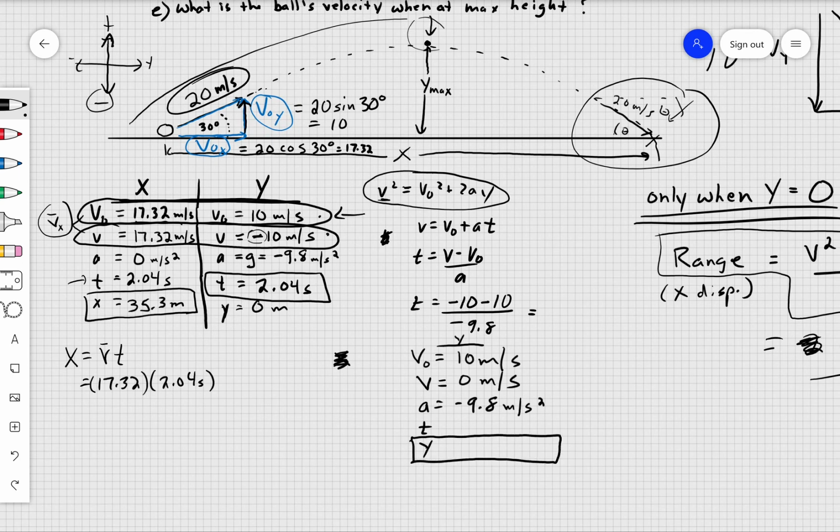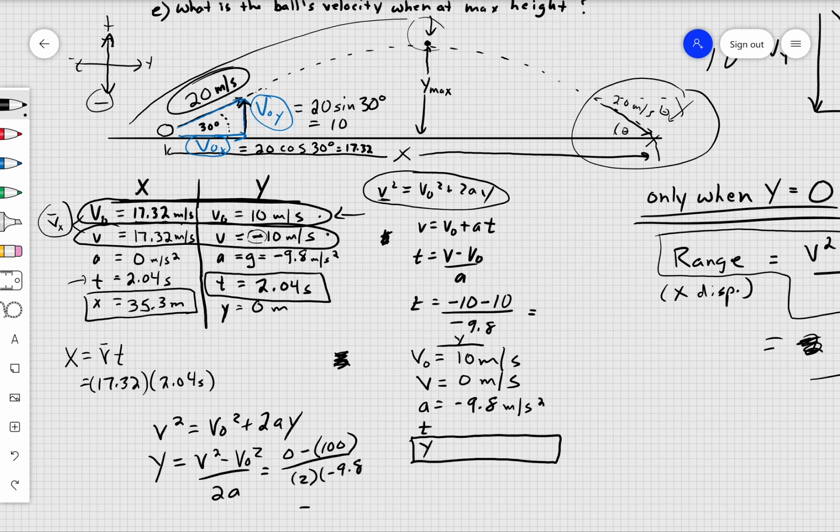And I believe we can get that with this equation. V squared is V naught squared plus 2AY. So manipulating and solving for Y, V squared minus V naught squared over 2A. That final velocity was 0. So 0 minus whatever 10 squared is, it's in the ballpark of 100, over 2 times negative 9.8. That's negative 100 over negative 19.6, which is 5 point something.